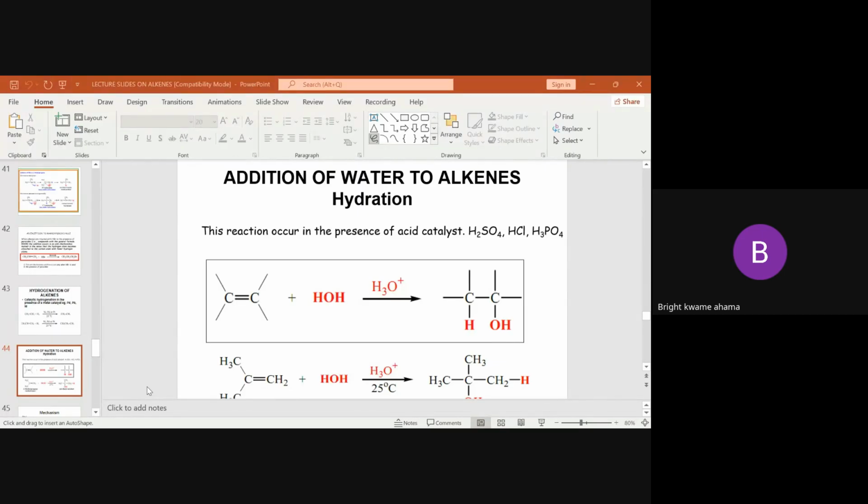The alkenes will not react with pure water since water is not acidic enough to allow the hydrogen to act as an electrophile to initiate the reaction.